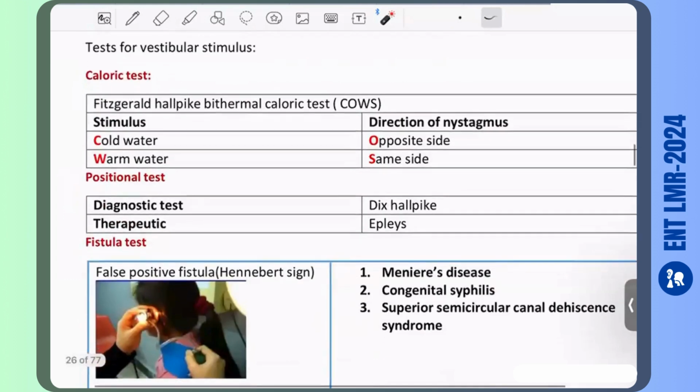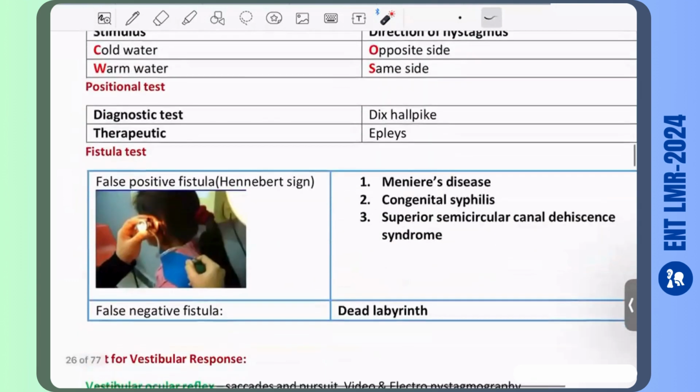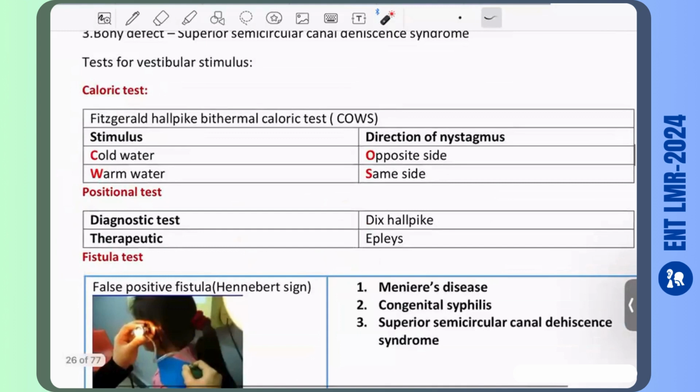Okay, what are the tests we can do? First, we could do a caloric test for intact tympanic membrane. Should not be done for perforated TM. So, I'm going to instill water into my ear.